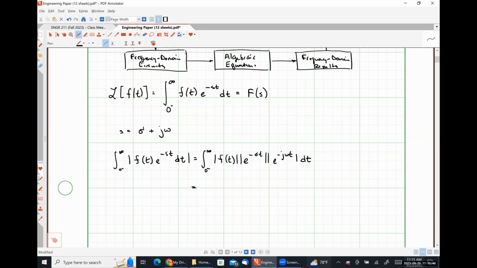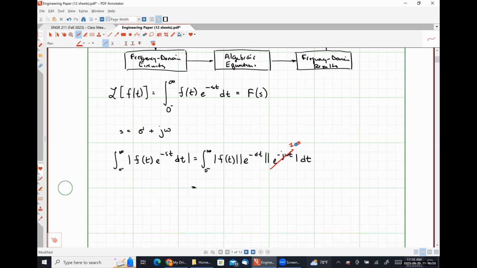So e to the j omega t, if we were to look at it on a polar plot, is literally just the number 1 being rotated around the circle, right? And the speed of rotation is simply omega. So e to the minus j of an angle is just 1 unit wide, and then whatever the angle happens to be is whatever it is. So magnitude is always 1. So this bit right here just goes to 1.